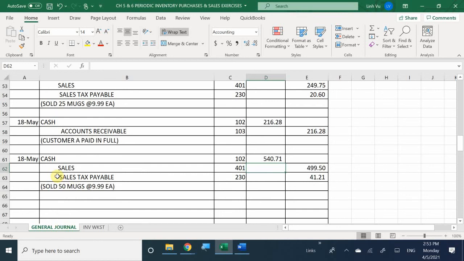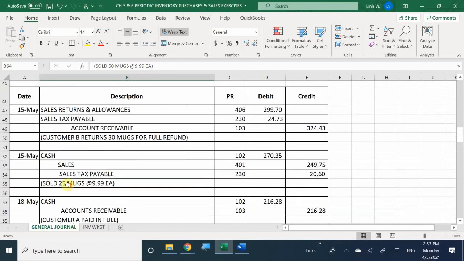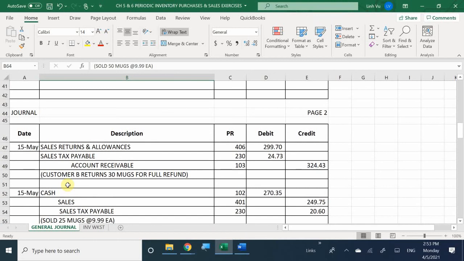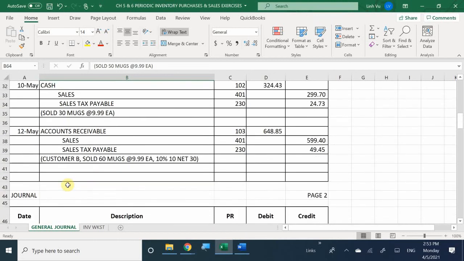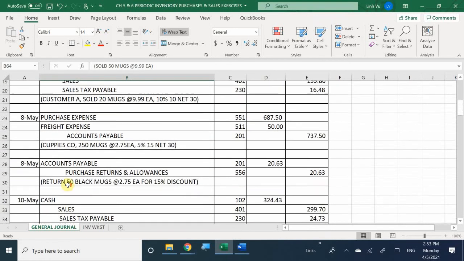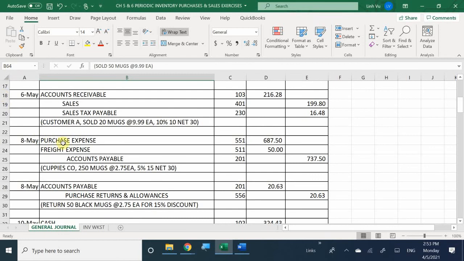Is this a customer or is this a vendor? Purchase expense, then freight expense, and then accounts payable. Correct, right? We're owing somebody else. So I'm going to look up an account. So purchase, freight, and accounts payable. Good.